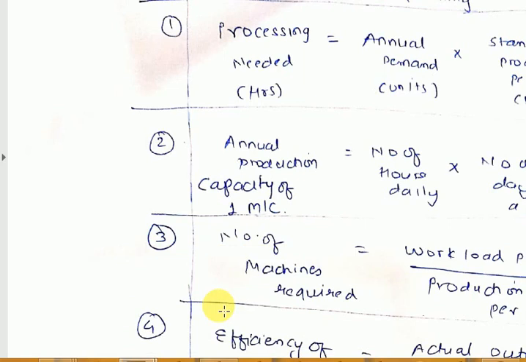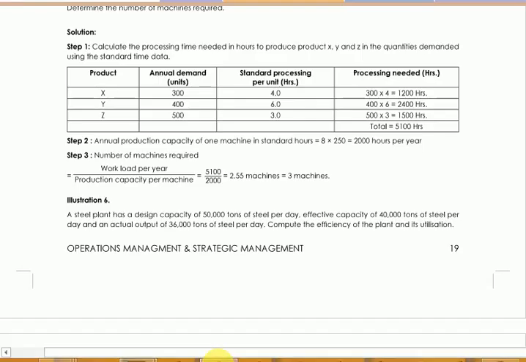I told you previously that for a single day we are working 8 hours, and in a year almost 250 days. So 250 into 8 is equal to 2000 hours per year.